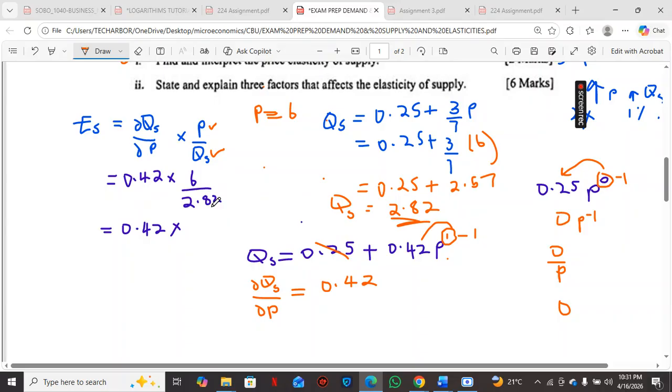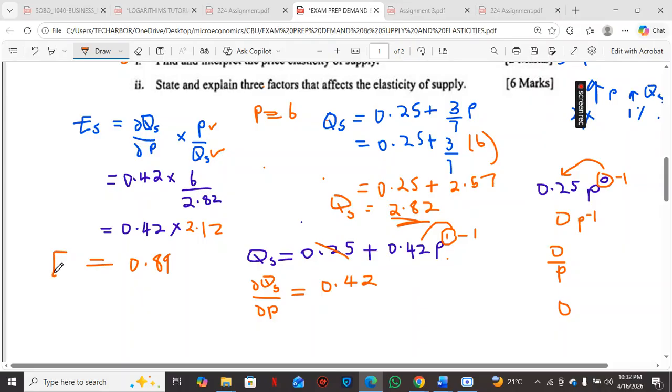6 divided by 2.82 is 2.12. 0.42 times 2.12, you get 0.89. Okay.